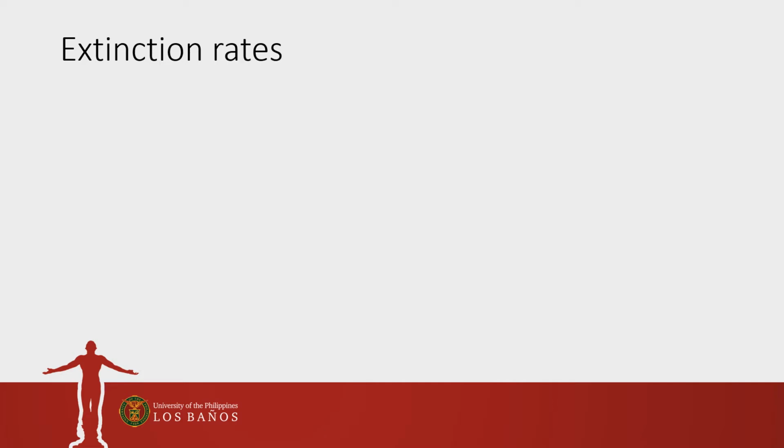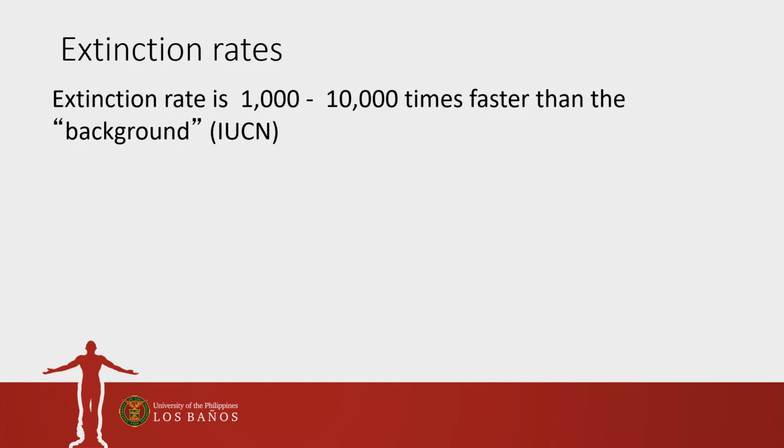The rapid loss of species we are seeing today is estimated, according to IUCN, to be between 1,000 and 10,000 times higher than the background or expected natural extinction rate. And this is a highly conservative estimate.